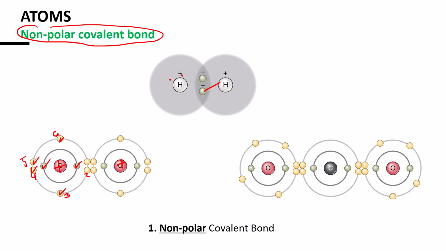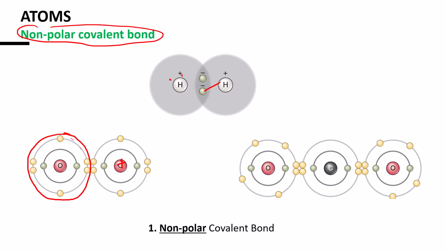So when 2 oxygen elements get together, they can form a non-polar covalent bond by sharing electrons. For example, this oxygen, this is the amount of electrons that belongs to the oxygen.